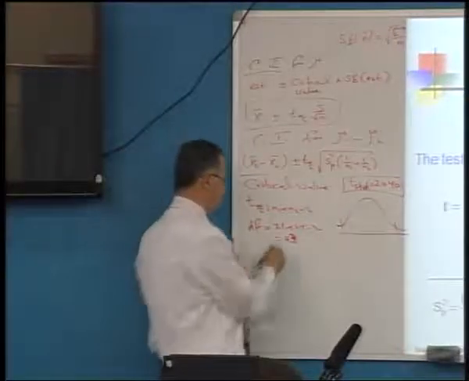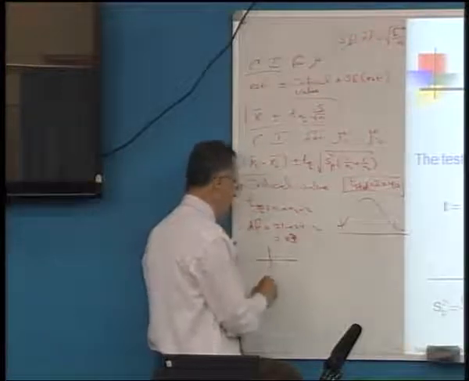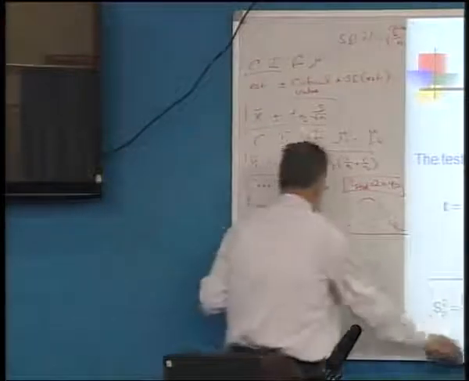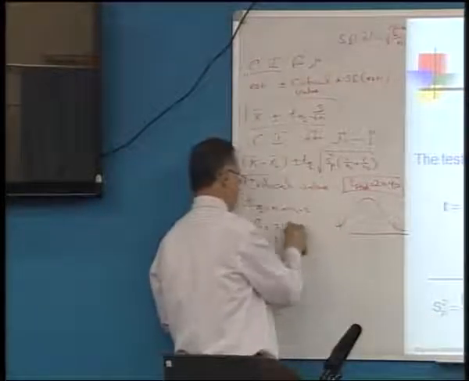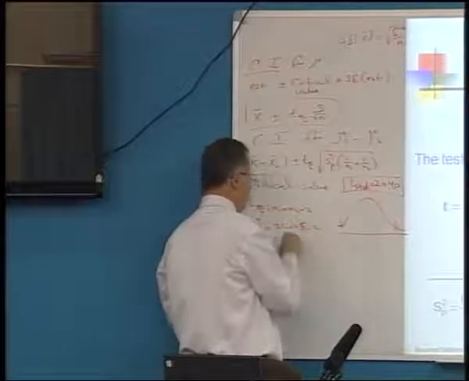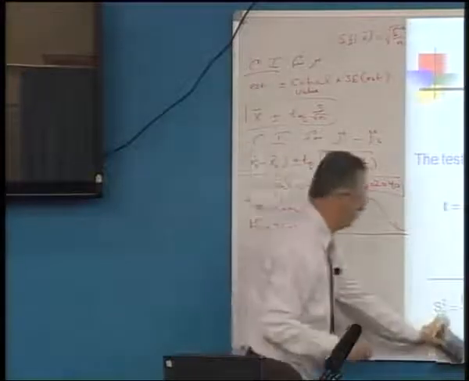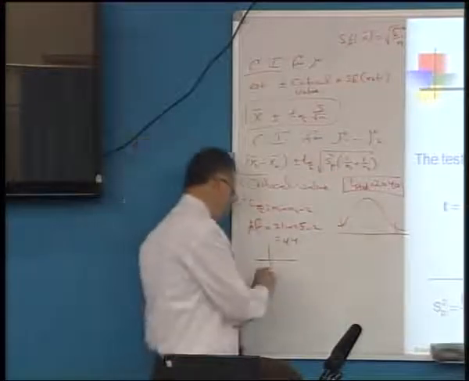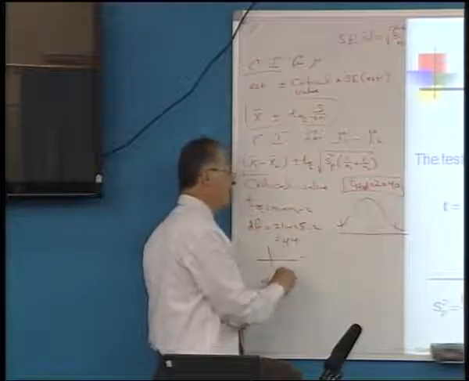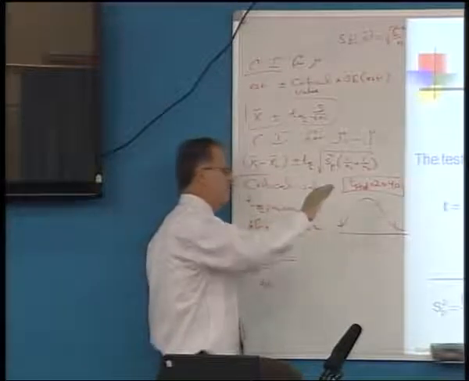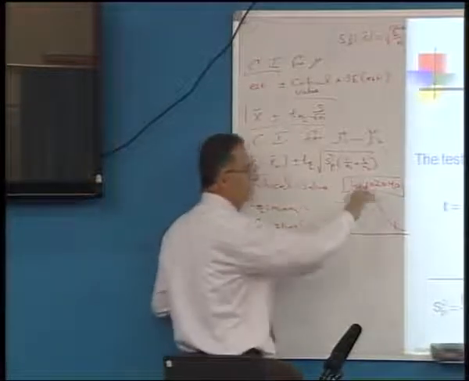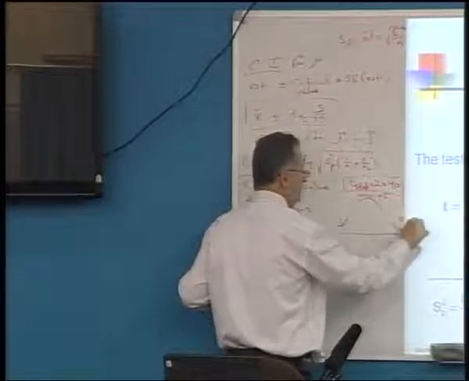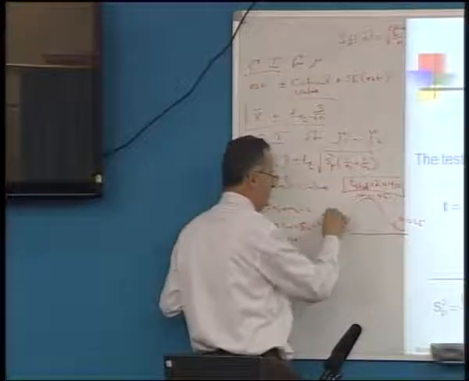Now look at the t table. 21 plus 25 minus 2, so that will give 44. Now look at the t table for degrees of freedom 44 under area to the right side, since we are talking about alpha 5%, so the area to the right 0.025, the area to the left is the same.